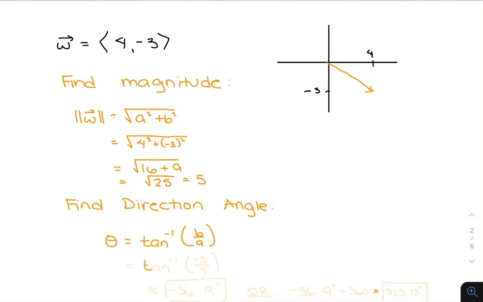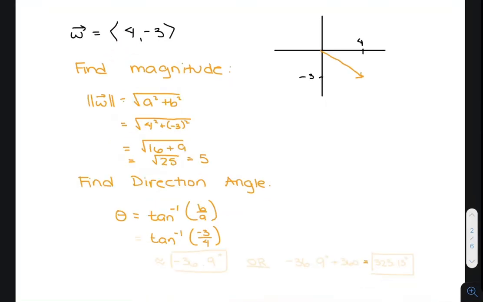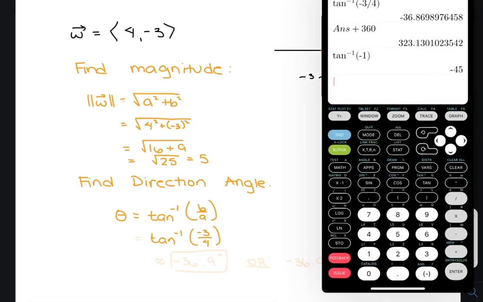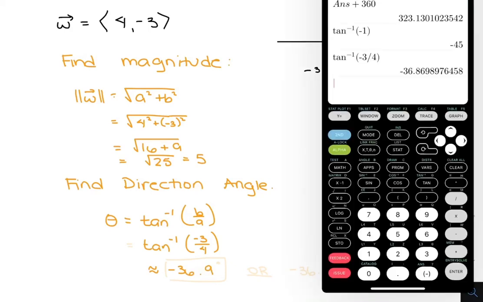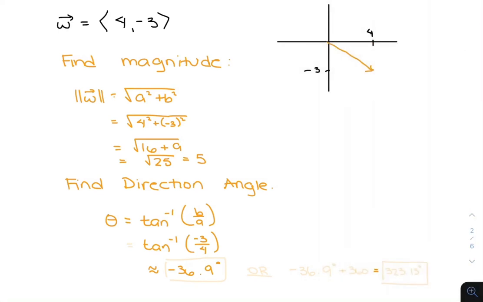Our b, we said, was -3, and our a was 4. So if we plug this into our calculator with degree mode, the tangent inverse of -3/4 is approximately equal to -36.9 degrees. So this is our direction angle, and -36.9 degrees is in the fourth quadrant, so this works.